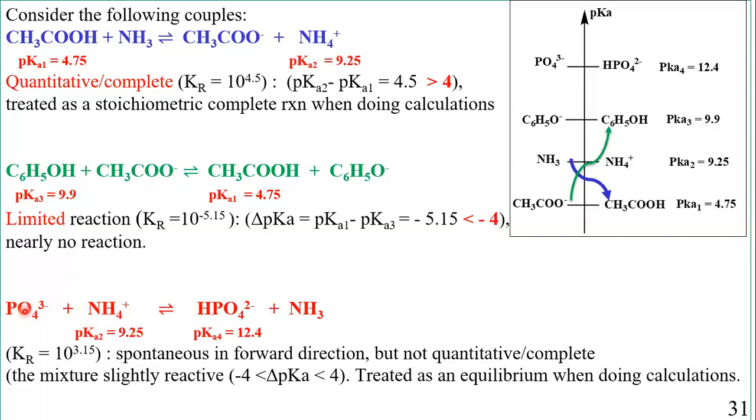So H3PO4 is going to donate a proton to the PO4 3 minus. This becomes HPO4 2 minus, and the ammonium donated a proton, so it became ammonia. So already I got my equation here without actually putting it on a pKa scale.